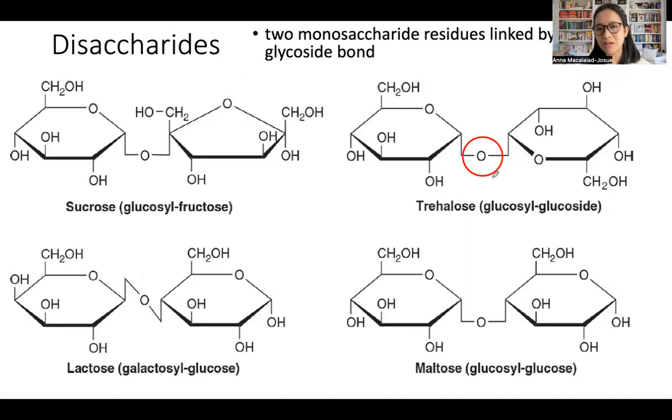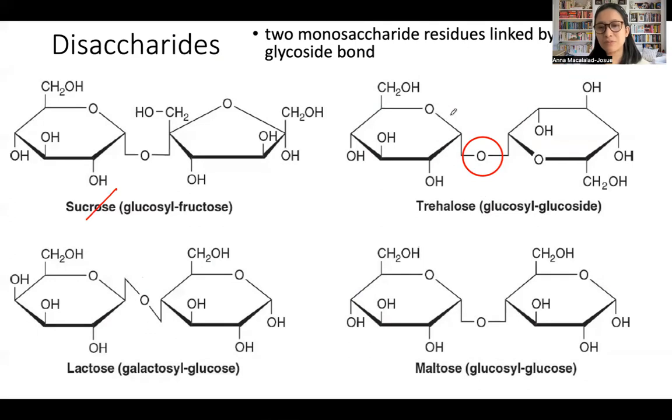So this is your glycoside bond, no? So as I mentioned earlier, if you combine glucose plus fructose, no, this is fructose. Remember, it's in ketose form. You form your sucrose. Okay?